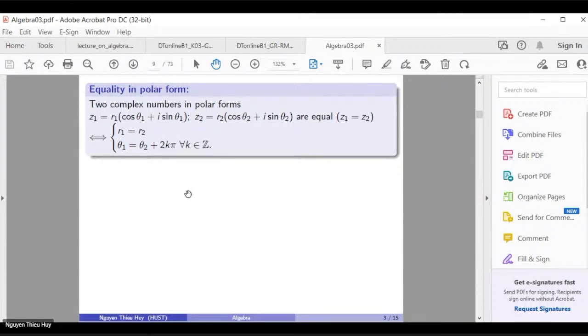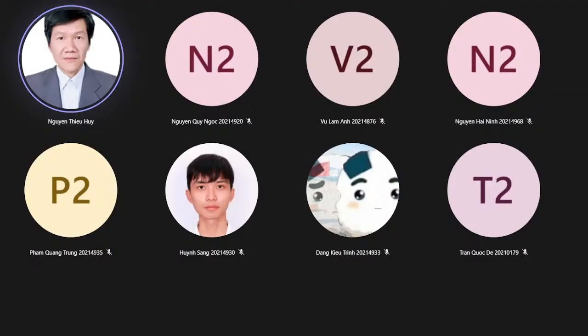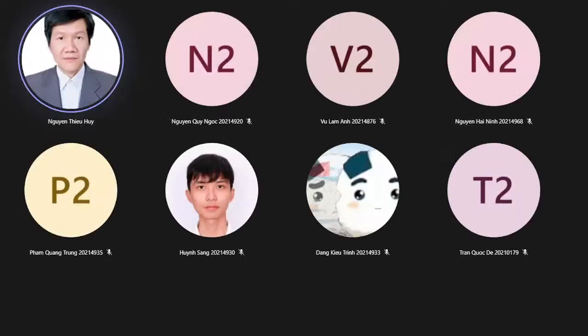So let's draw in the picture so that you can see in more detail this representation for equality between two complex numbers. Again, we return to the whiteboard.